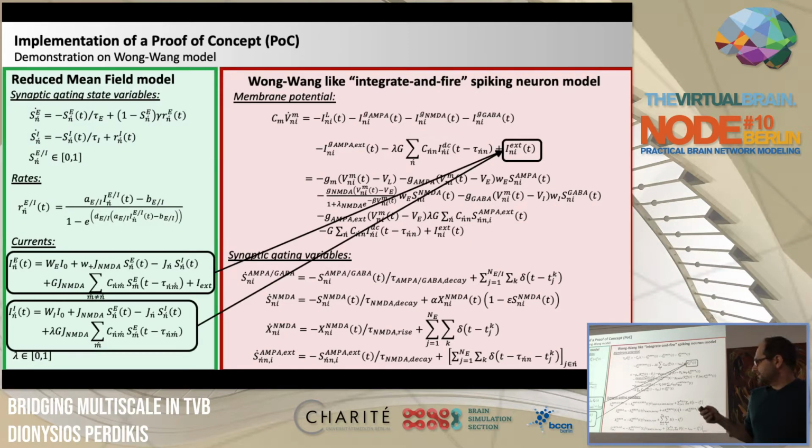However, there is a third scenario in which we can take advantage of the fact that anyway TVB computes the coupling with all delays and weights, and therefore we can directly, at every time step, stimulate the neurons with the current they should receive from the whole brain at that time, in which case it's TVB that handles the coupling. And this can happen through an external parameter that all neurons in NEST have, which is made in order to stimulate them.